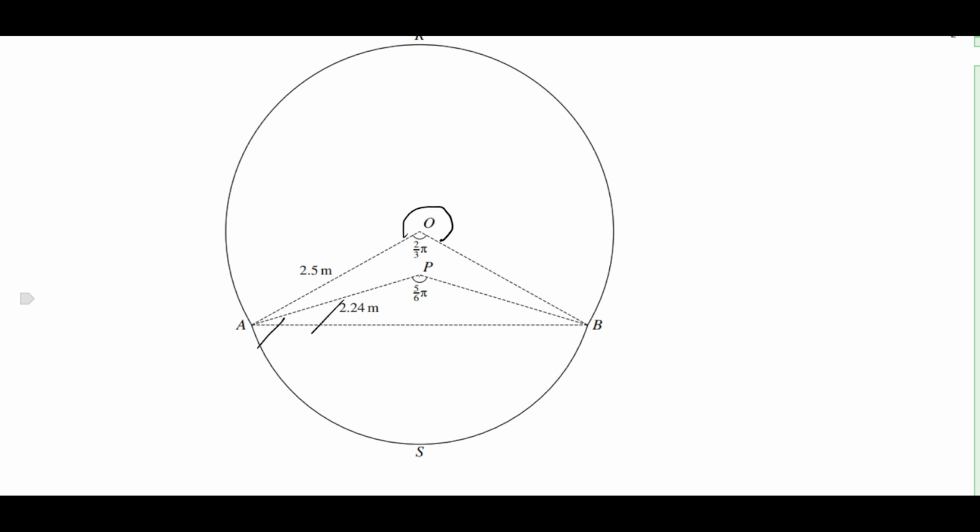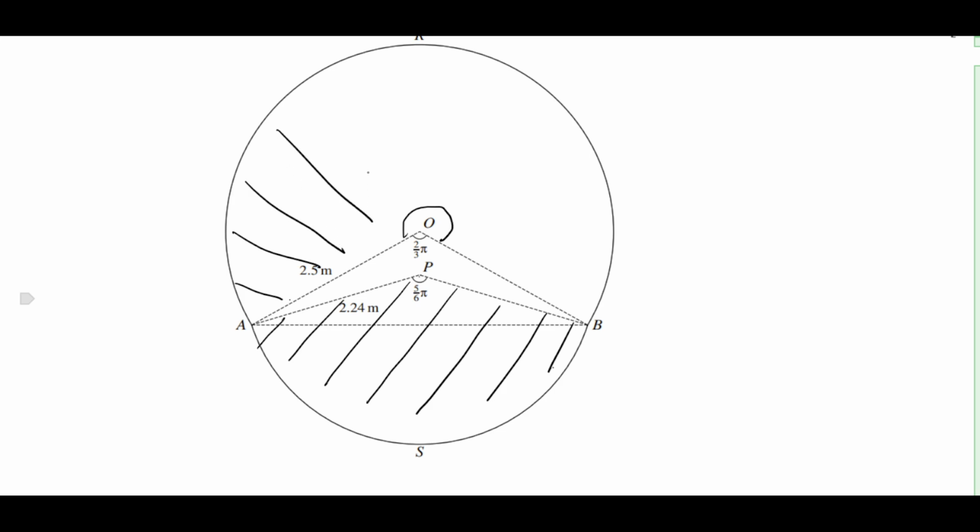You can add this whole area with this part, and then this central part, which is the difference. Now that we have found this difference, we will add it as well. Therefore we will get the total area of the cross section.